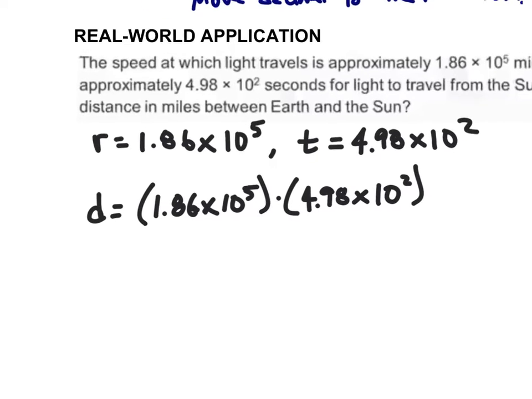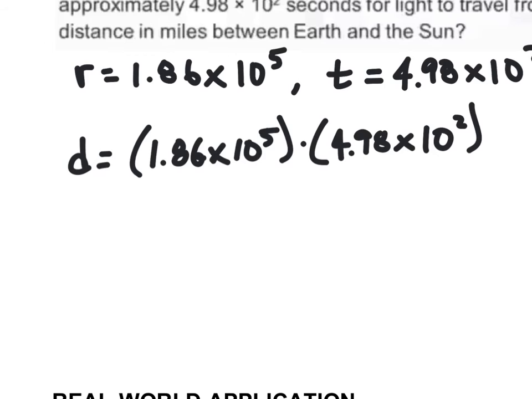All right, and so from here, same thing I did up top. I want to multiply my numbers and then multiply my tens. So my distance is equal to 1.86 times 4.98.